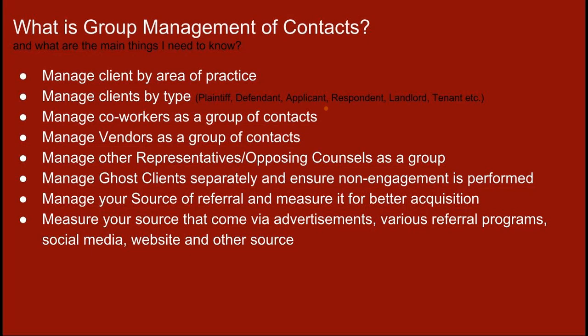You still need to capture the defendant's information. You may even capture the defendant's representative's information, which truly is the party of representative of the opponent, because that's the legal lingo for that party name. So when you group contacts based on the nature of dealing with that contact, it just makes it that much simpler for you to retrieve that information. Okay?